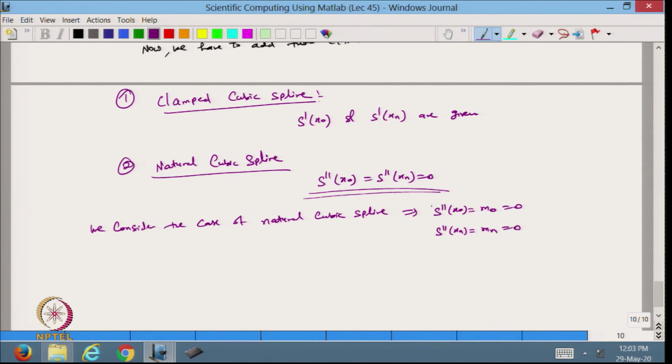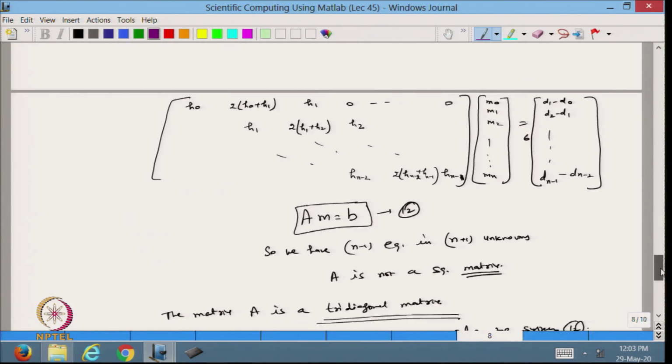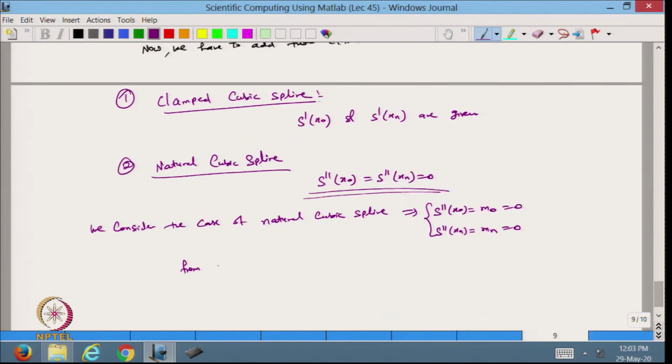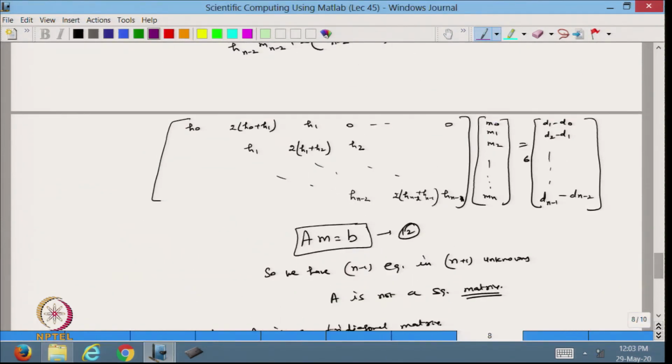Now, if I substitute these two values into the above system, we get, if you see from here, this value is 0 and this value is 0.